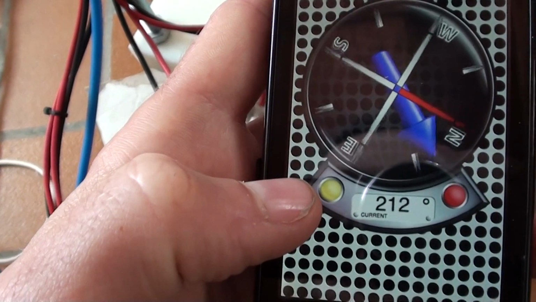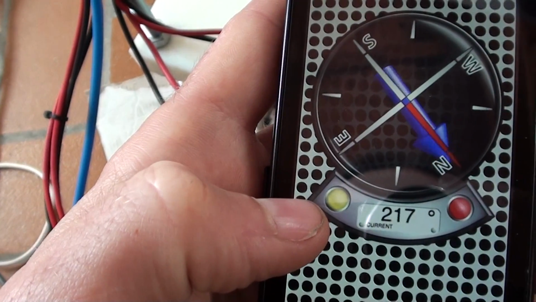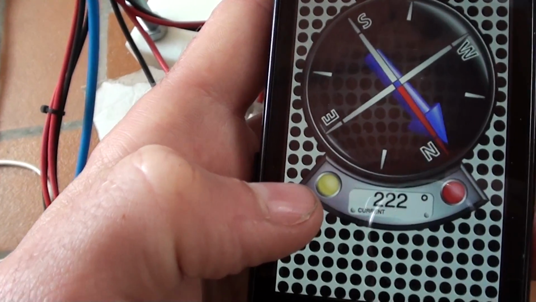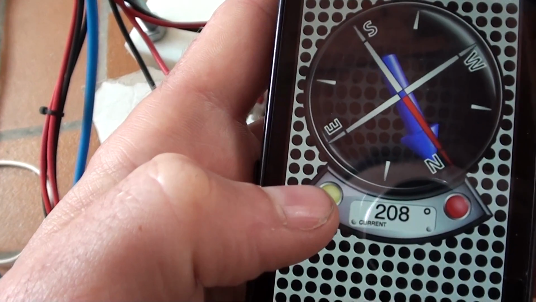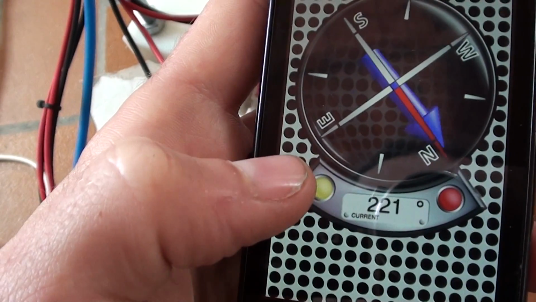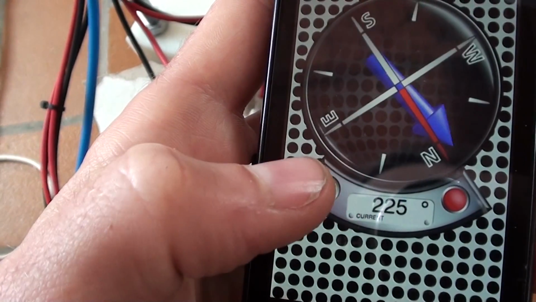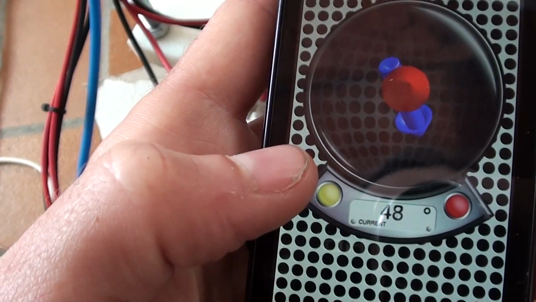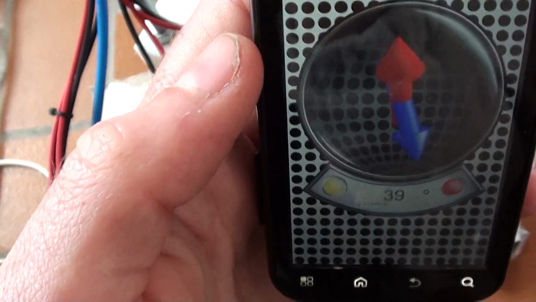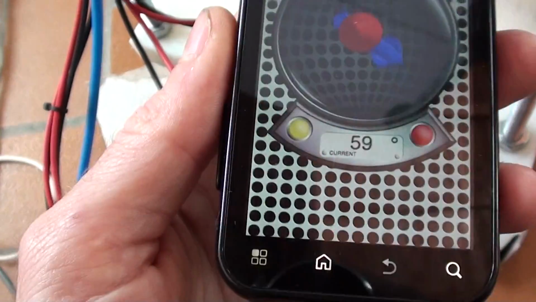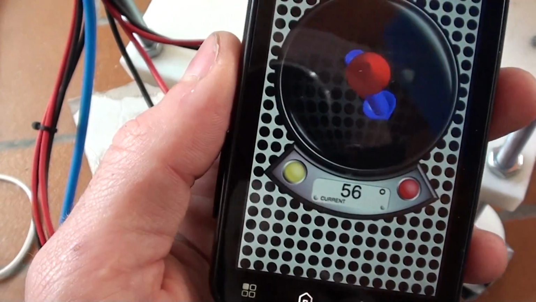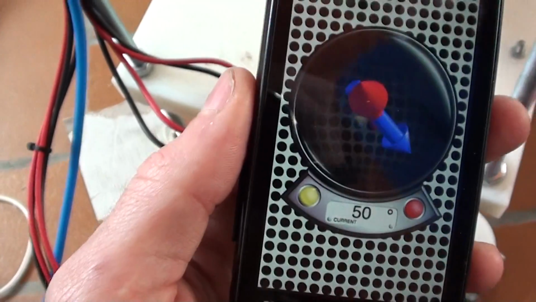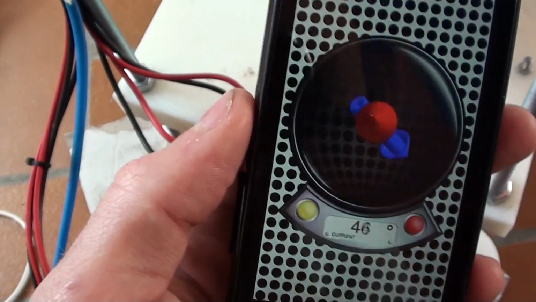We can add this compass thingy. And here we have a perpendicularity arrow from the accelerometer, which is red, and the blue one is the magnetic field.